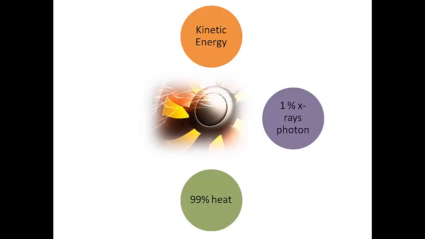This will make the tungsten very hot, and if the heat produced rises above the limits, the tube can be damaged. Therefore, to prevent this damage, the radiographer must be aware of the quantity of heat produced and its relation to the heat capacity of the tube.